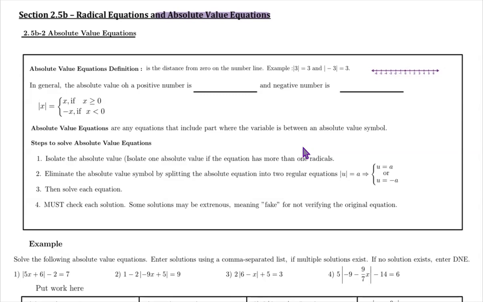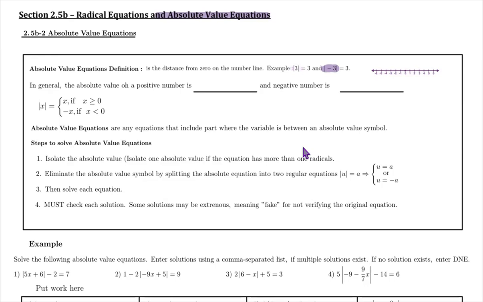So if you have an absolute value symbol like these ones, absolute value of 3, absolute value of -3, but if you have the absolute value including a variable inside of it, then you're going to have to treat it as an absolute value equation. We're going to go over the method of solutions in a moment. But let's talk about absolute value.